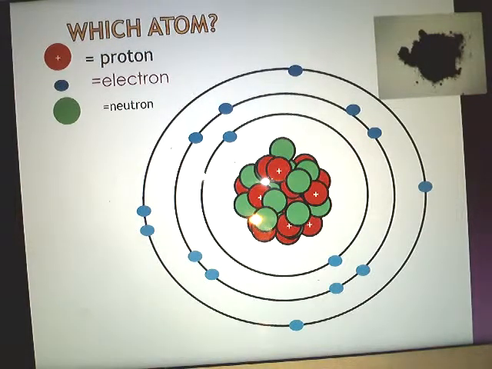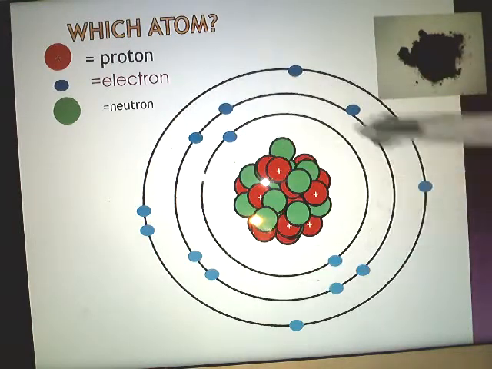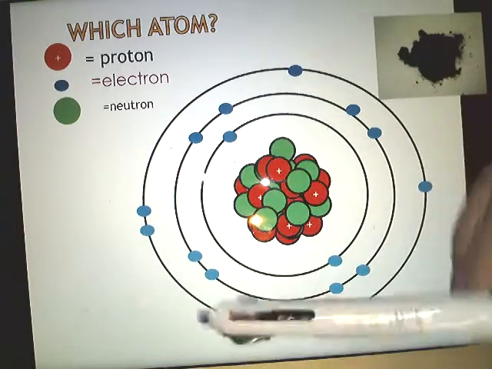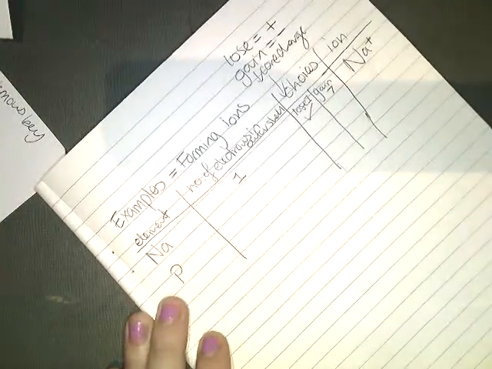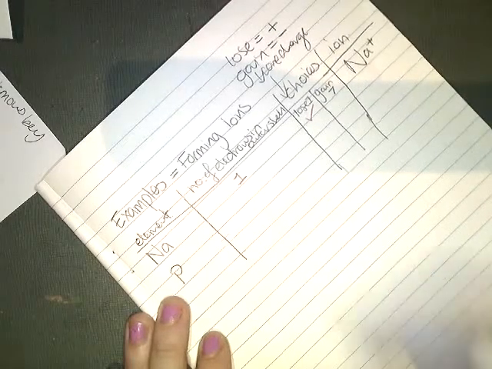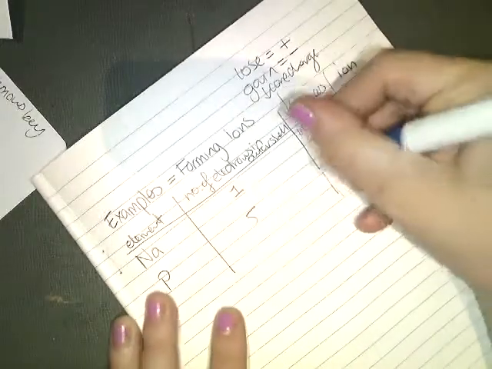Alright, now if we have a look at this one, I want to ask the question what atom this is. Now you can tell simply by counting the electrons. 2, 10, 15. So which one has an atomic number of 15? And of course that is phosphorus. Okay, phosphorus has 5 electrons in its outer shell.